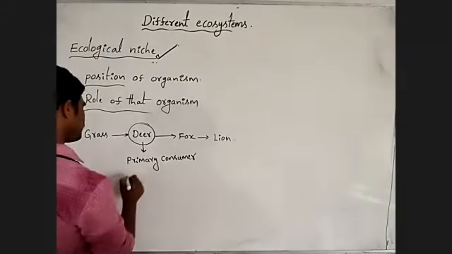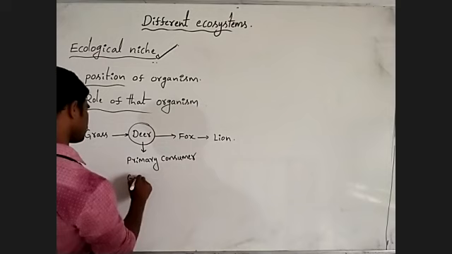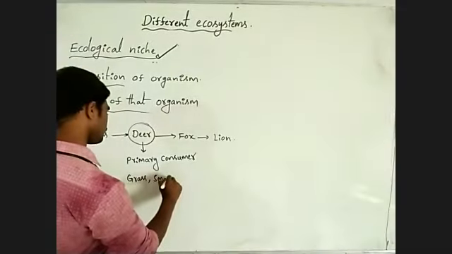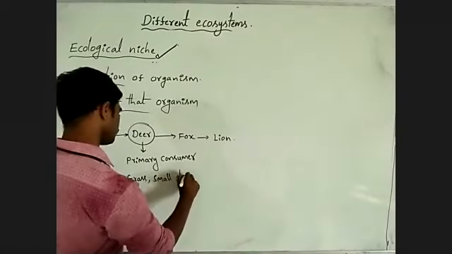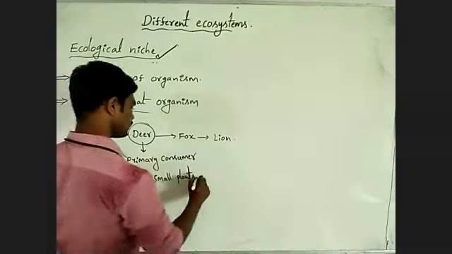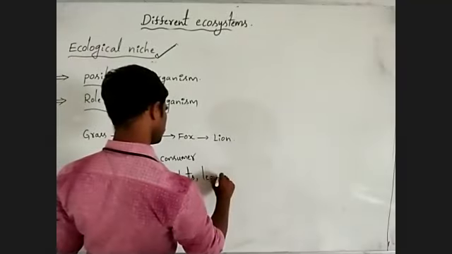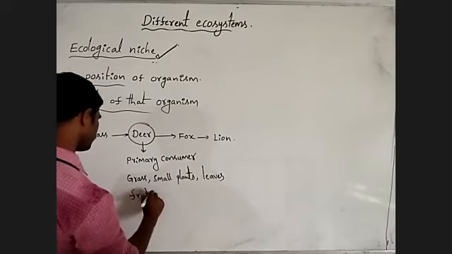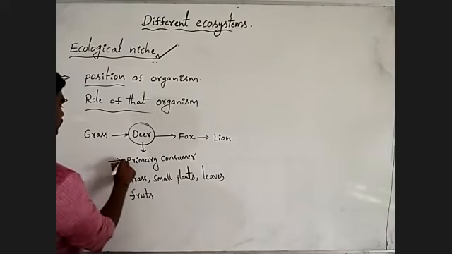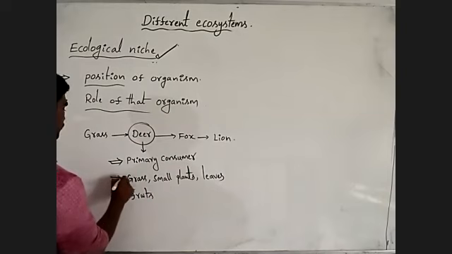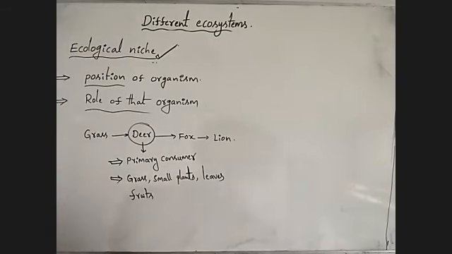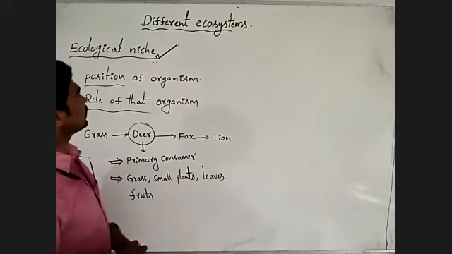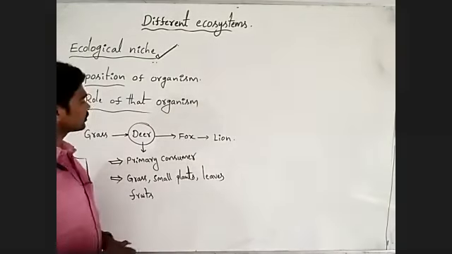Here it eats grass and small plants. Next, leaves. Next, some fruit. This is the position. This is the role. Ecological niche. Okay, observe.